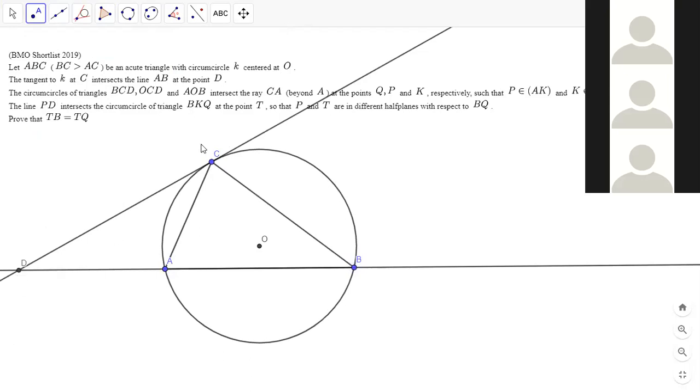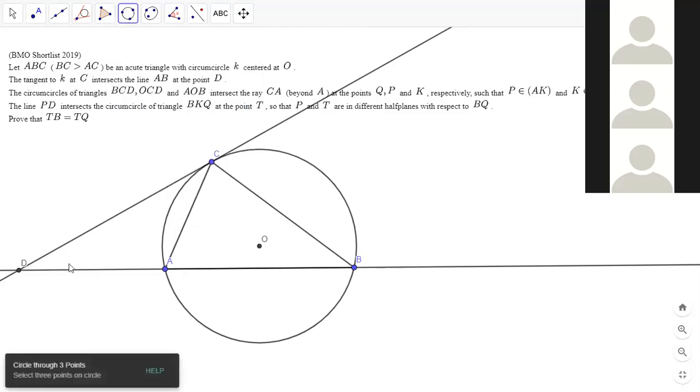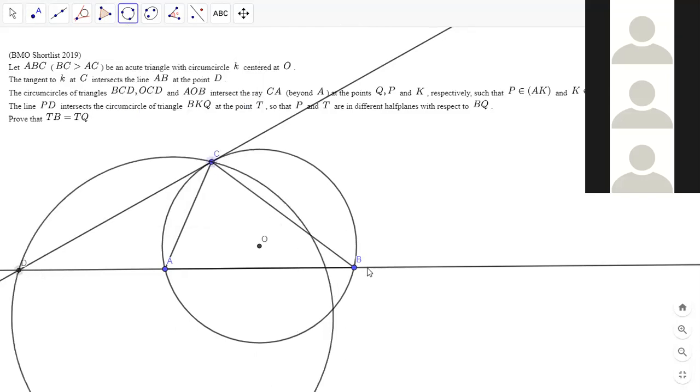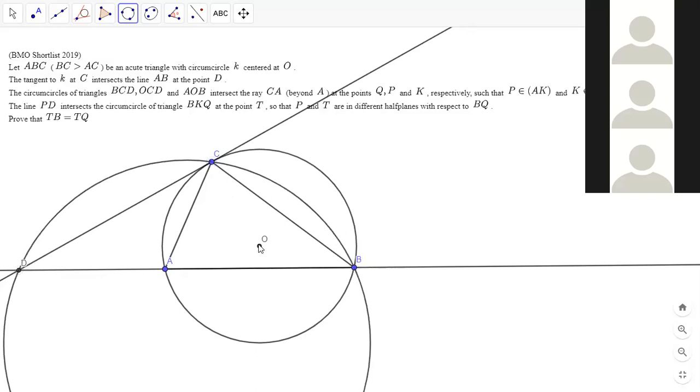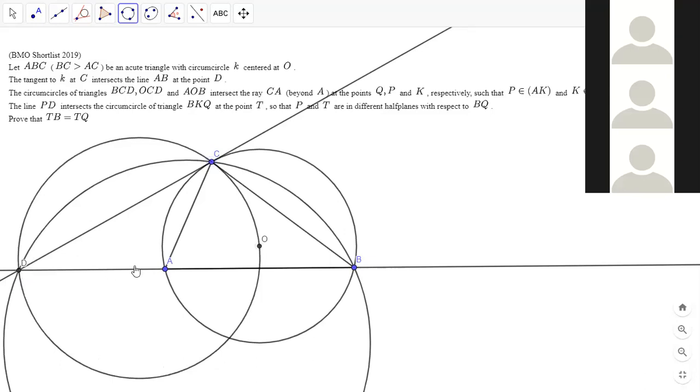The circumcircles of BCD, OCD, and AOB. Okay, so that's a lot of circles. I'm going to draw this a little better. So we want to see where they intersect the ray CA.